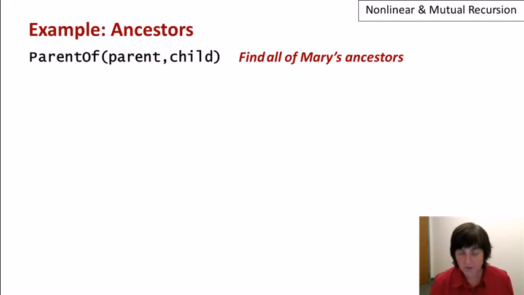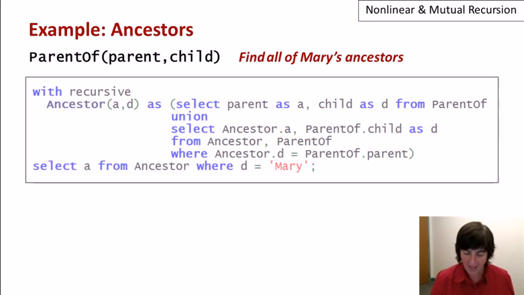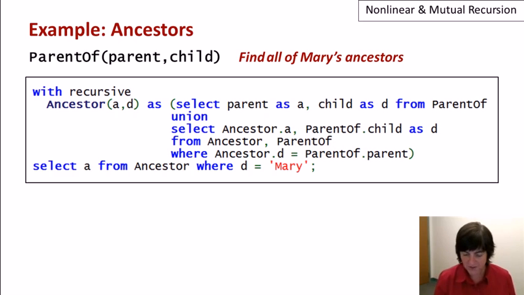The first example we used when we introduced recursion was finding ancestor relationships from a base table that just has parent-child relationships. So a basic transitive closure operation, and the query we wanted to run was to find all of Mary's ancestors. And here's the query that we wrote. It does take the form of having a base query here, which says if we have a parent relationship, that's also an ancestor relationship.